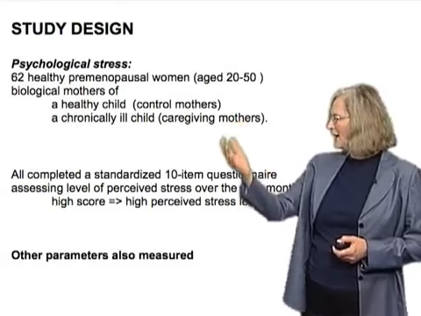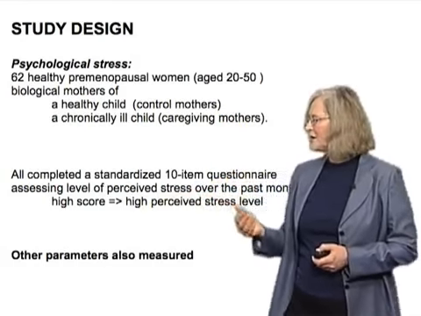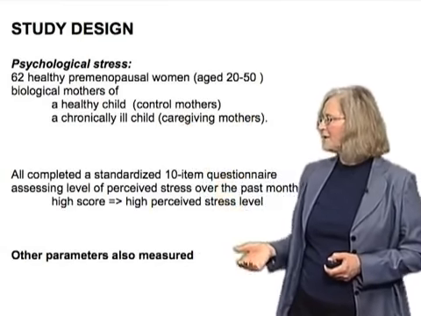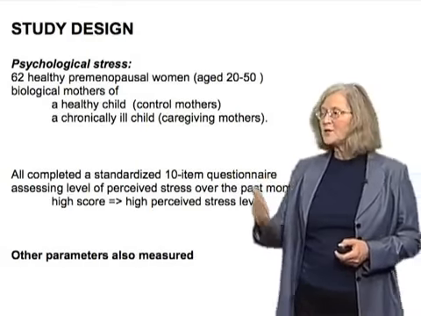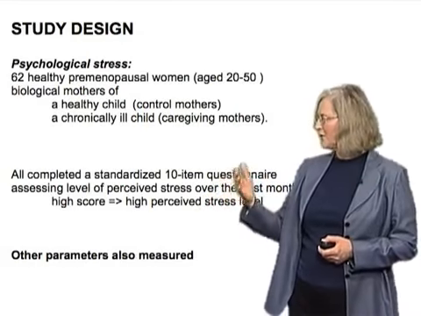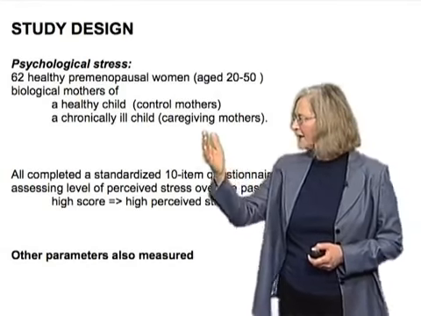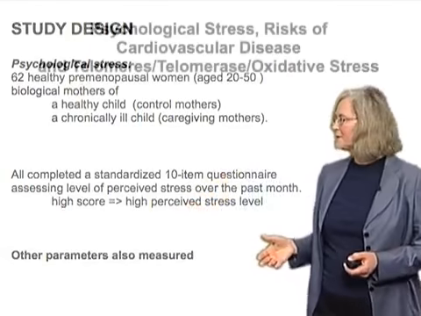So first of all, the study design was to assess the perceived stress for the whole group, both the control and the caregiving mothers, and then the number of years of being in this chronically stressful situation, being the caregiver of their child who's chronically ill from a variety of causes.